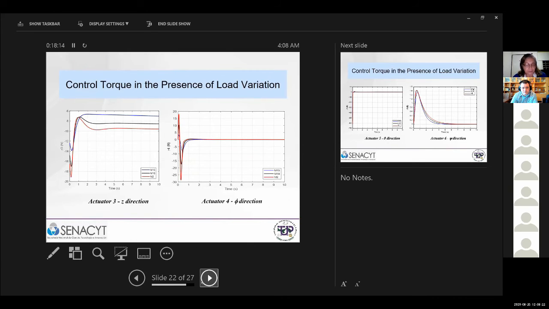In the left figure, the response for the controller in the Z direction is shown, where the control torque in the presence of load variation of 1.5 kilograms, 1.8 kilograms, and 2 kilograms corresponds to M15, M18, and M2, respectively.